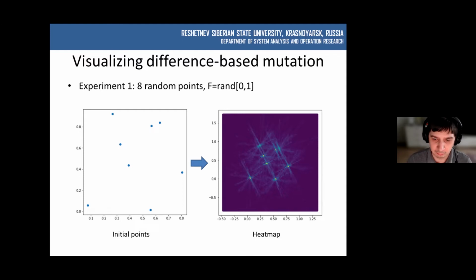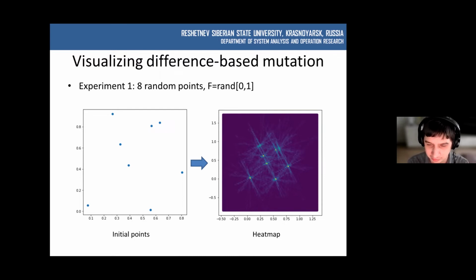What if we, for example, change f to not a fixed value, but select f as a random value from 0 to 1, uniformly distributed? We will get something more interesting, like we have stars around each point.